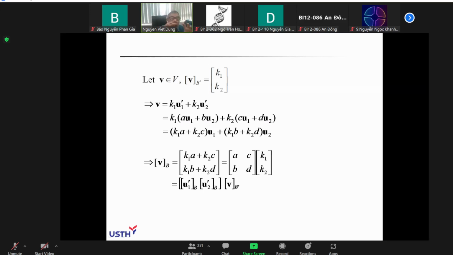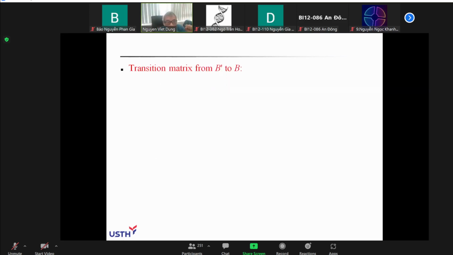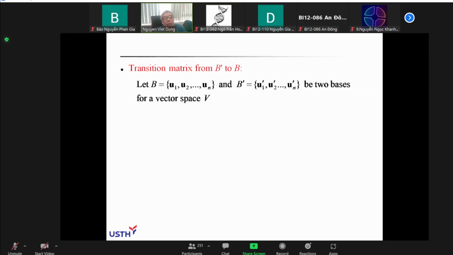So I am going to generalize what I showed you here as follows. Now we are going to define what we call the transition matrix from B prime to B. Suppose that in the vector space V, we are given two bases B and B prime. B has n vectors U1 up to Un, and B prime has n vectors U1 prime up to Un prime.